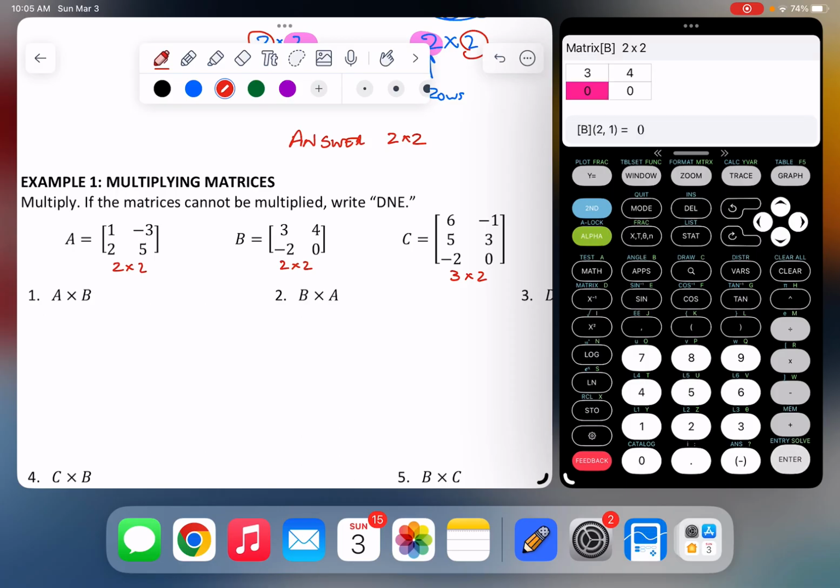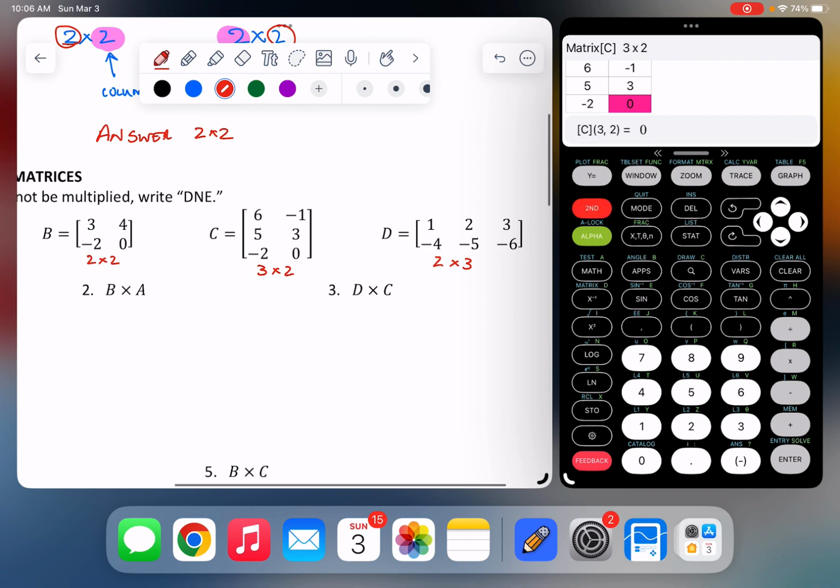So 3, 4, -2, 0. And then let's type in C, over to edit. This one is 3 by 2. So 6, -1, 5, 3, -2, 0.